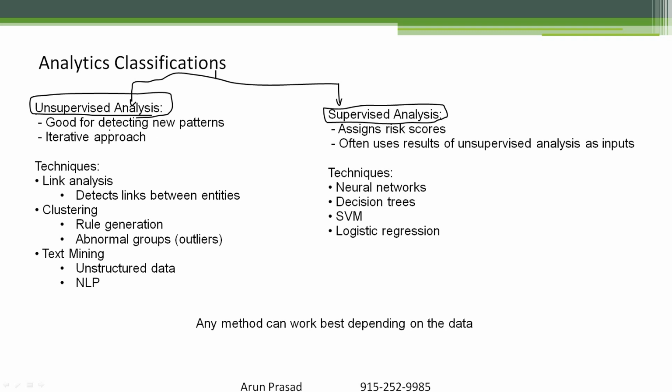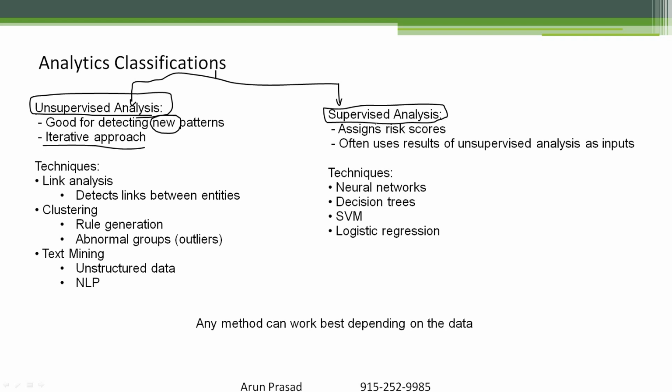Unsupervised is used to detect new patterns. The keyword is new: the patterns that I do not know will exist in the future. In order to detect those new patterns, unsupervised analysis will be used. An iterative approach also will be used for unsupervised ones. We can talk about link analysis and cluster analysis later, right?